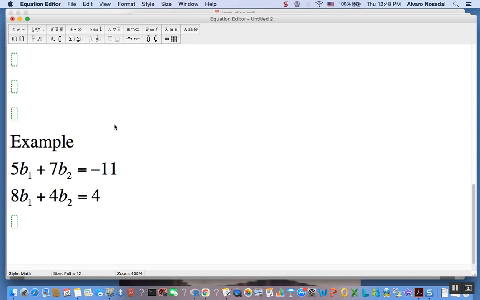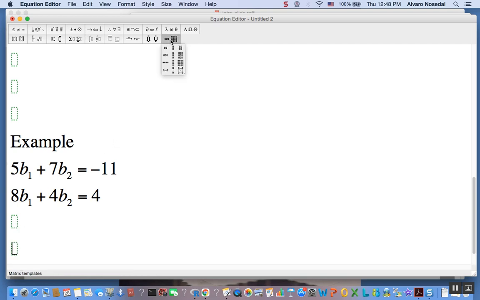We're just going to use it again to solve it using a different method, the inverse. So first, to solve this system of linear equations using the matrix inverse approach, our first step will be writing it using matrix notation.